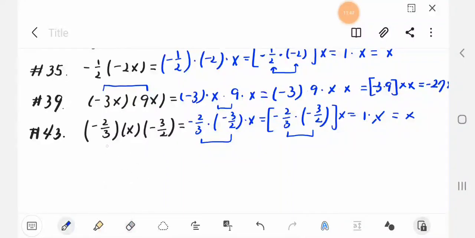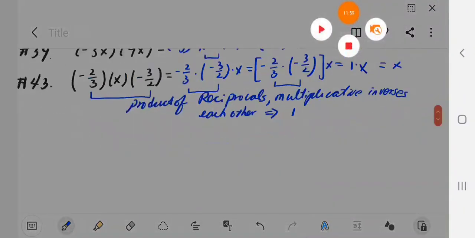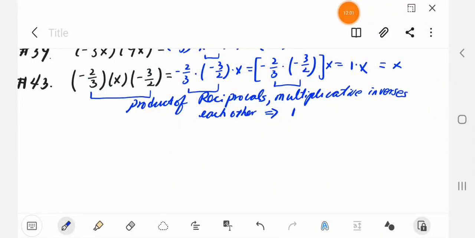Yes, because these two numbers are reciprocals of each other, so once you multiply reciprocal numbers, it becomes 1. So the answer is x. When you multiply the reciprocals, or the multiplicative inverses, the product will be 1.